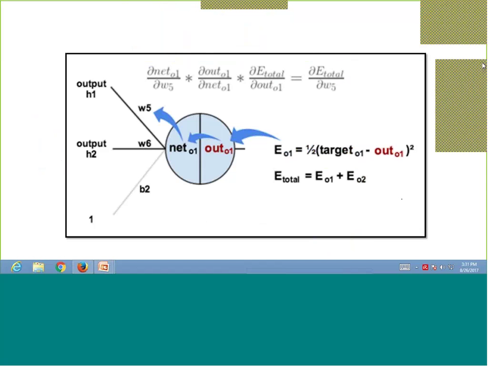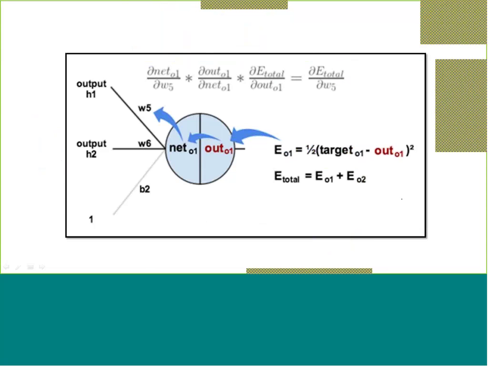Now my intention is, I got a total error. If you remember my previous slides, I have an error function, and I am differentiating that error function with my weights Wi. Here I have eight weights, so W1, likewise W2 up to W8.